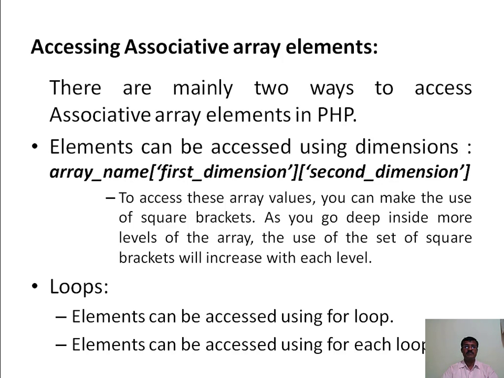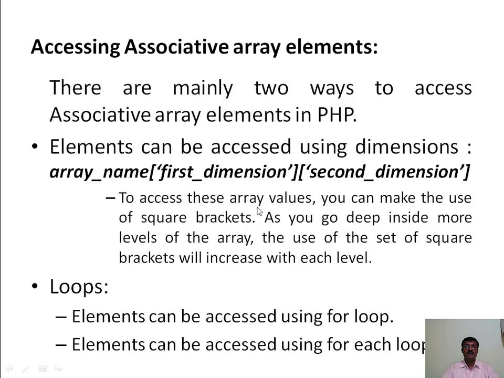Accessing associative array elements. There are mainly two ways to access associative array elements in PHP. They are by using dimensions or index values, and by using looping constructs. When we access associative array elements using dimensions, we need to have the array name, that is your associative array name, followed by the dimension of the array within square brackets.